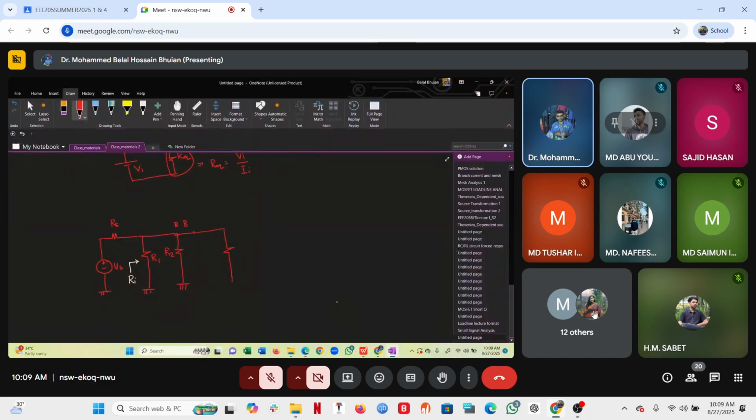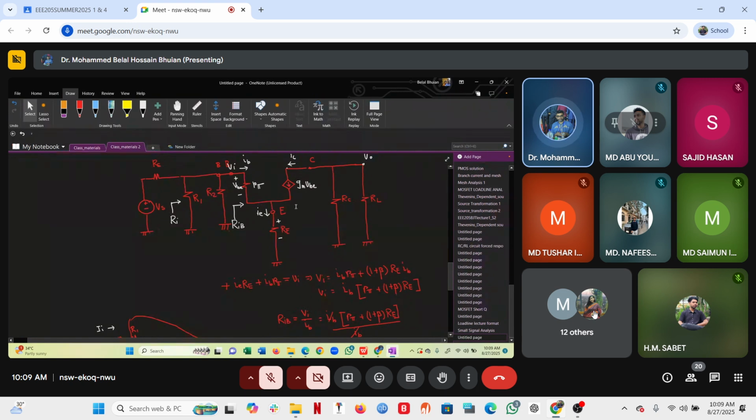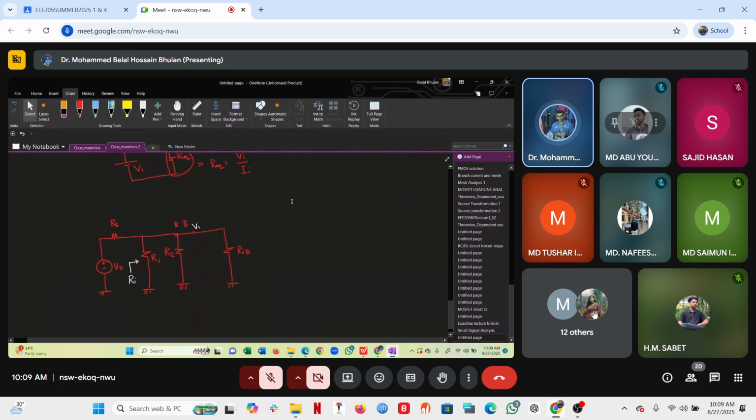R equivalent, or here RIB. So the same voltage VI, RIB. Everything inside can be replaced with our equivalent resistance. That's it. Now, next I'm going to determine RI.